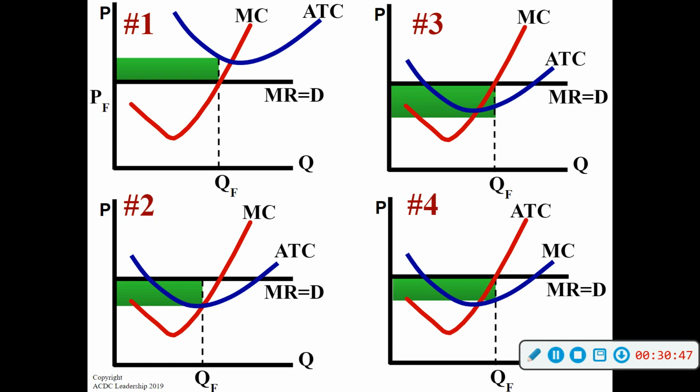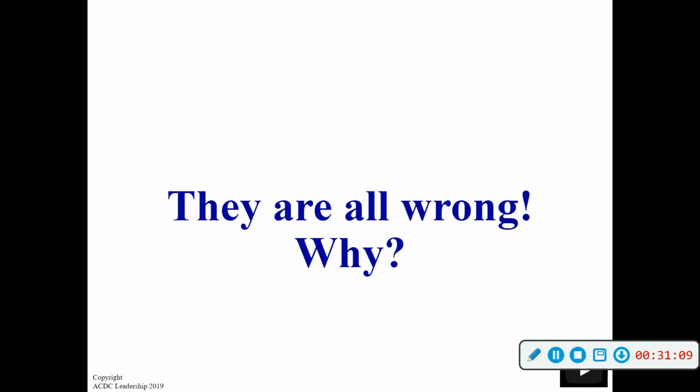It's not 4, because MC is labeled right. Yeah, the MC is the red line. But 3 is off though, the green box. But that's the profit. Which one is it? I'm telling you, 1. Yeah, I was like, wait, the green box is... Sorry, that's correct. My entertainment.